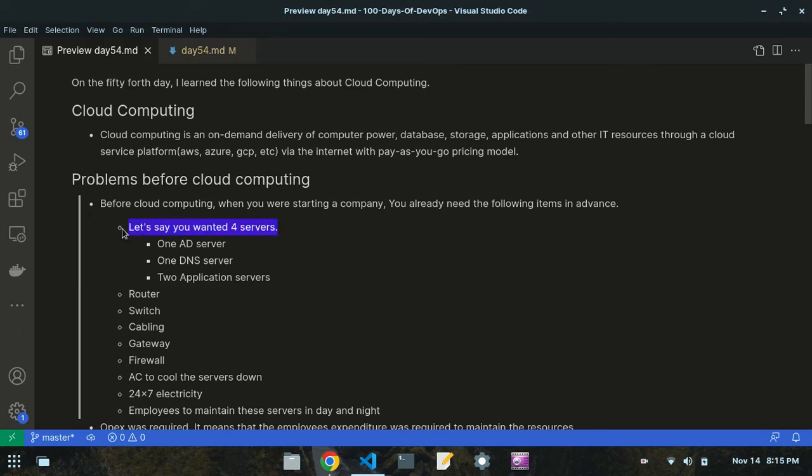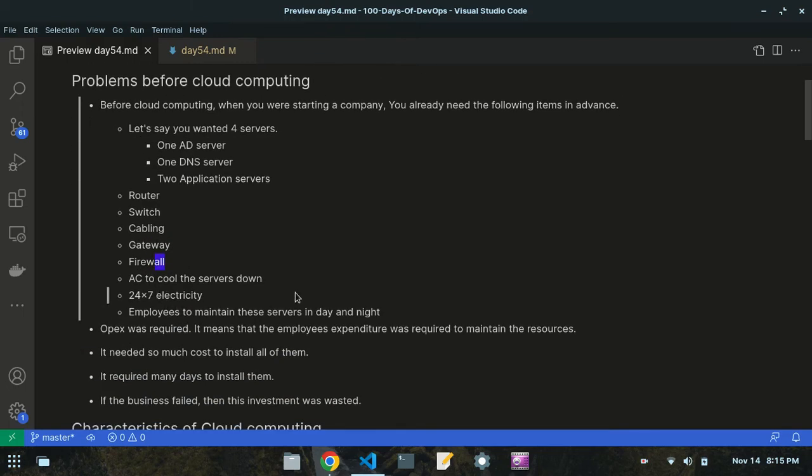Let's say you wanted 4 servers for a business to run on: an AD server, a DNS server, and 2 application servers. Similarly you required routers, switches, cabling, a gateway, a firewall, and AC to cool those servers down.